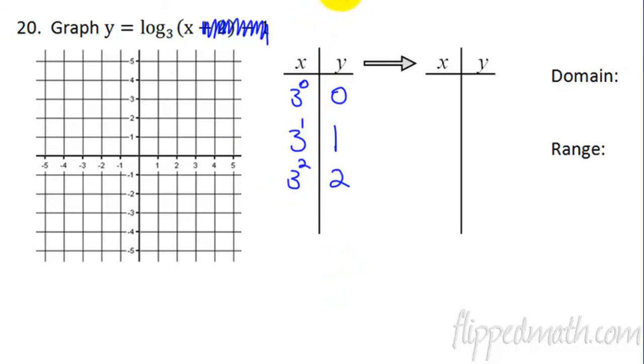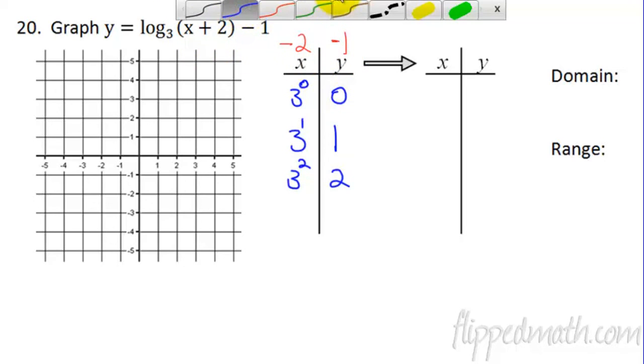Okay, now we are going to shift it to get our new values for x and y of what the translated graph is. So let me erase that so you can see it again. And what are we doing? We're going to subtract 2 from all the x values, and then we're going to subtract 1 from all the y values. Remember, we're doing the opposite of the inside and then we go down 1. So what happens to that?